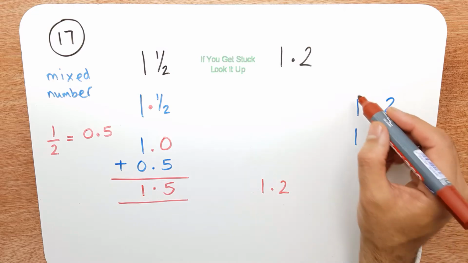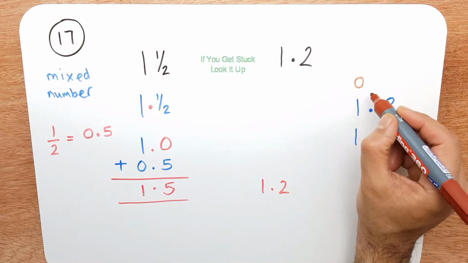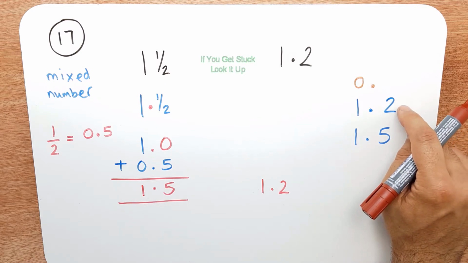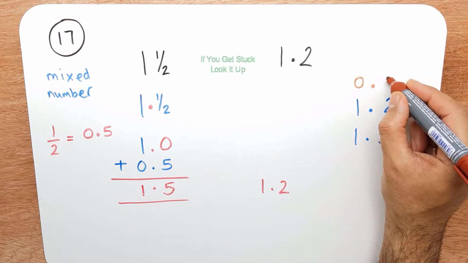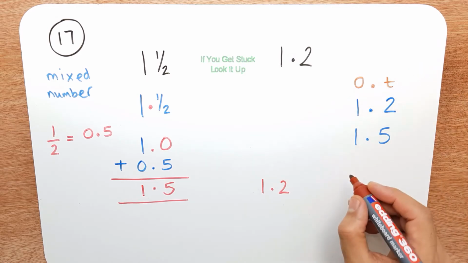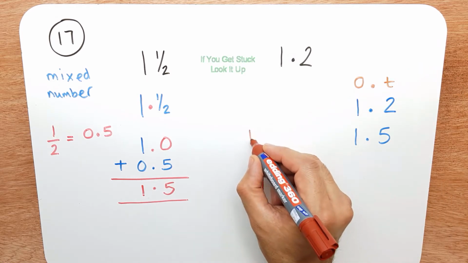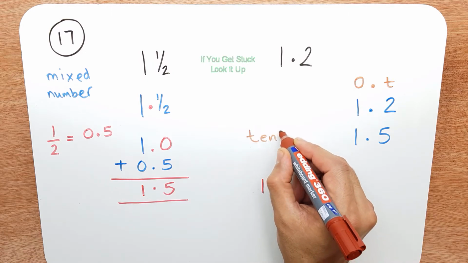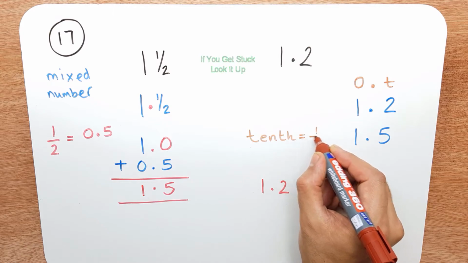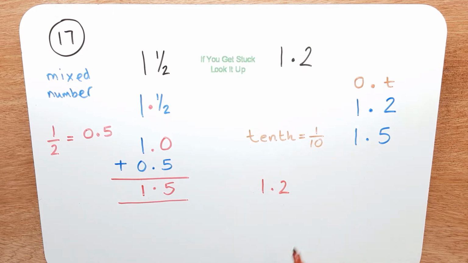Now if I want to compare these two, I always start from the left. So let me do this. That is the ones column. That is the decimal point. And this here is the tenths column. I'm going to put a lowercase t. And t just stands for tenths. And sometimes you'll see it written as 1/10.